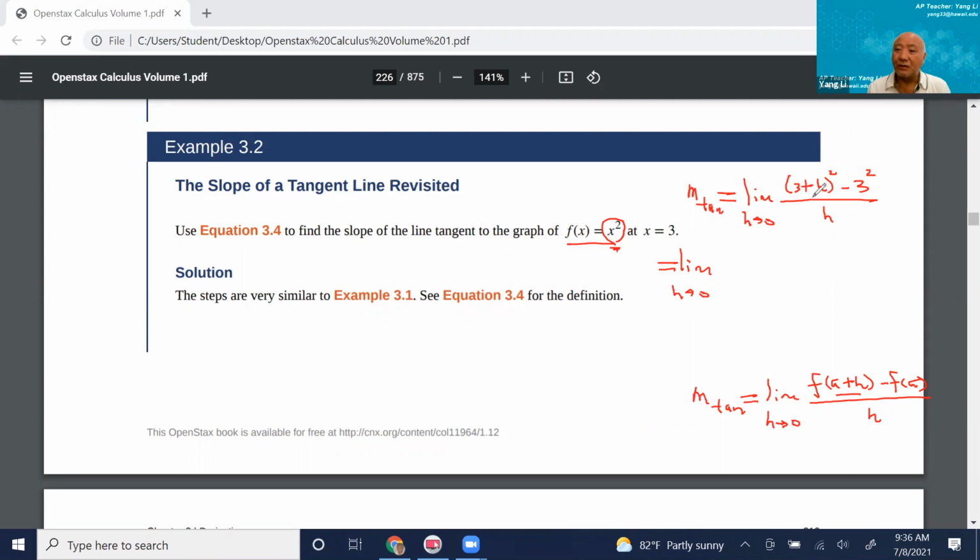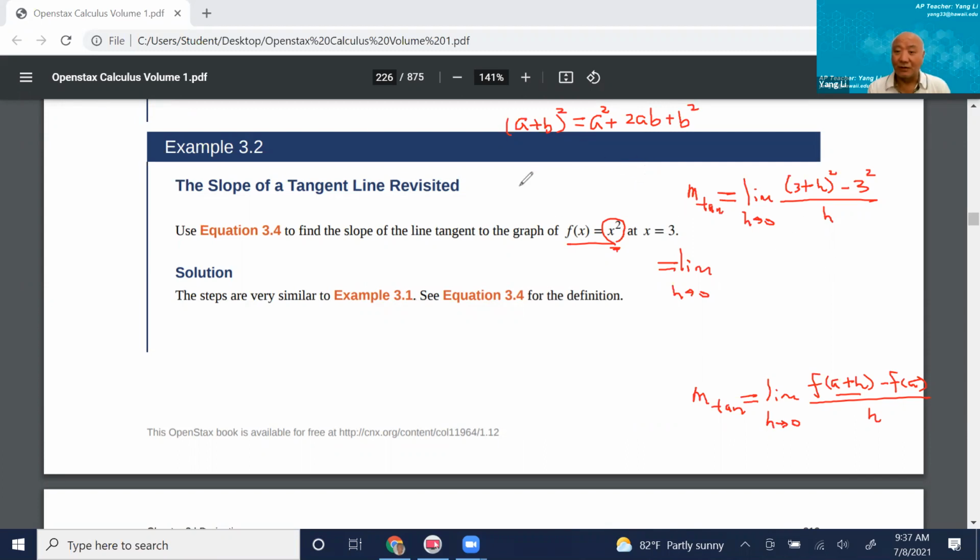This one you're going to use the formula to break it down. Remember we learned the formula in algebra: (a plus b) squared equals a squared plus 2ab plus b squared. This is one way you can do this.